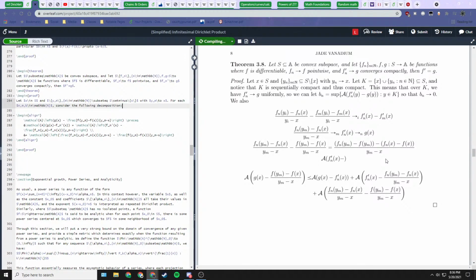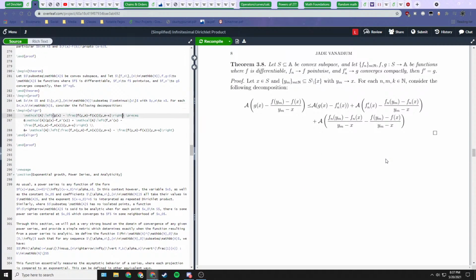So we'll consider the following decomposition. We have this is bounded by that and then by that.